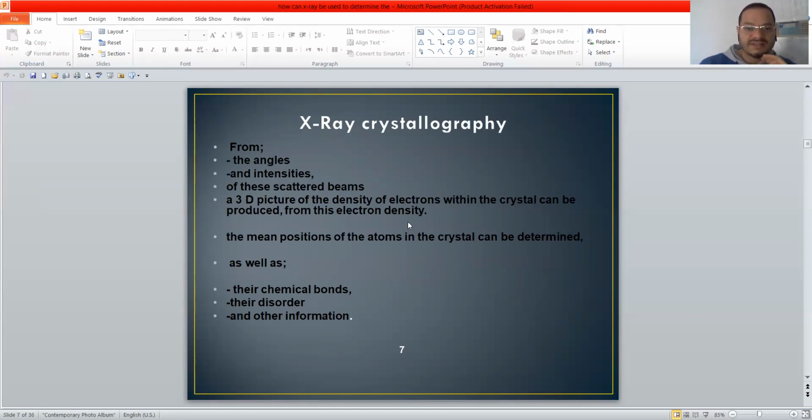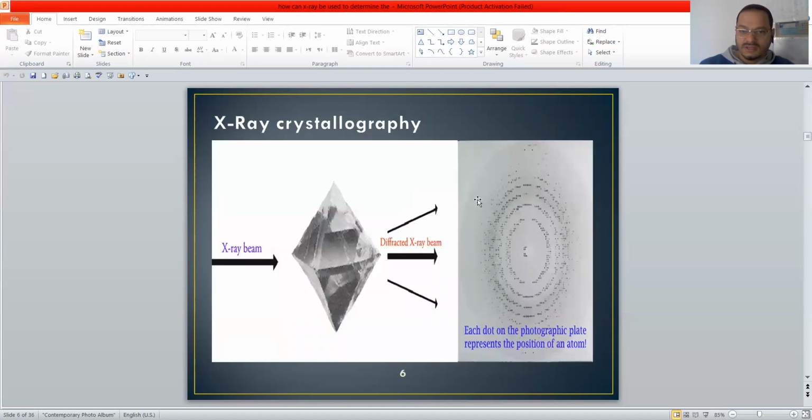From the angles and intensities of these scattered beams, a 3D picture of the density of electrons within the crystal can be produced from this electron density. This 3D picture is produced depending on the angles and the intensities of these scattered beams.